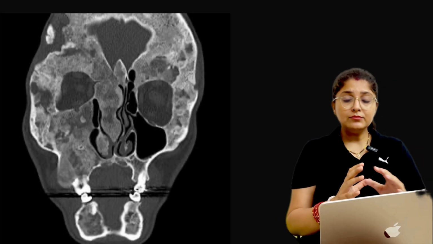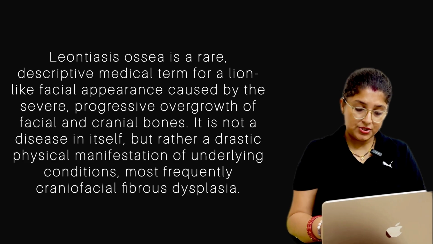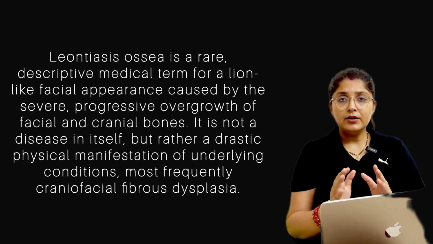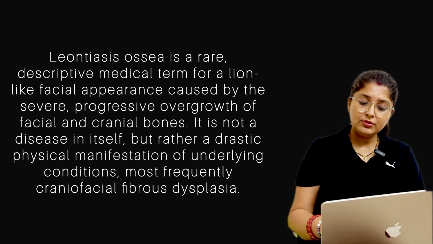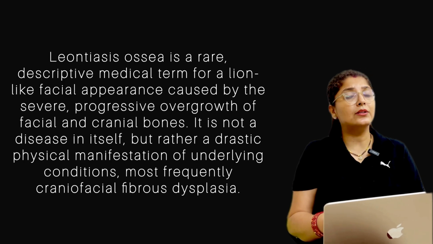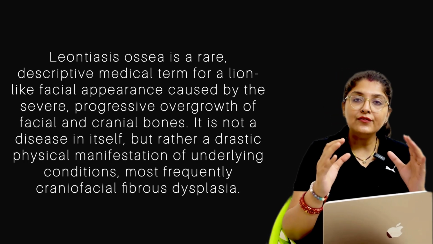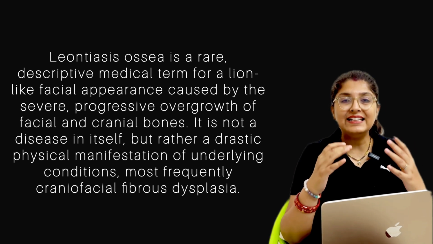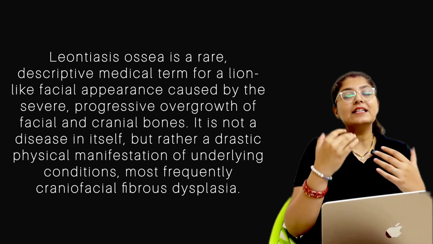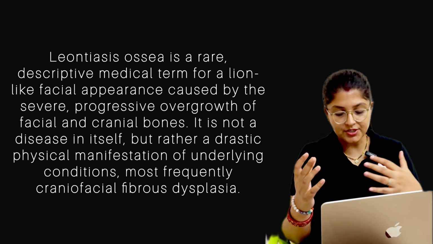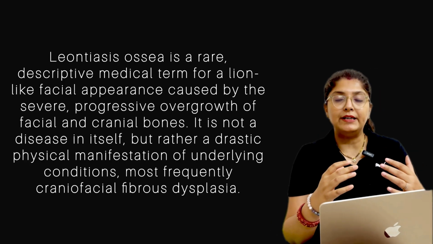Now we have a term called Leontiasis ossea. This is a very important viva question, and the examiner also expects you to write on the paper. This pattern occurs when the site of involvement includes the anterior maxilla with extension into the maxillary antrum and the walls of the orbit, alright?